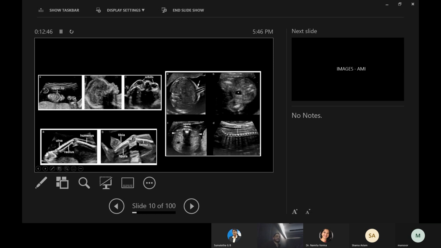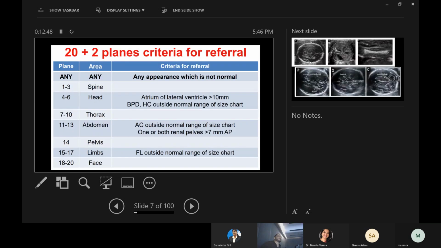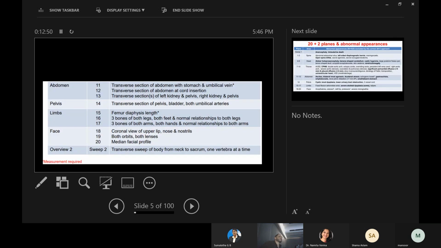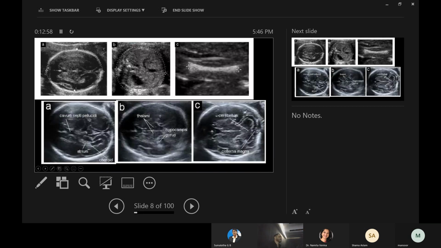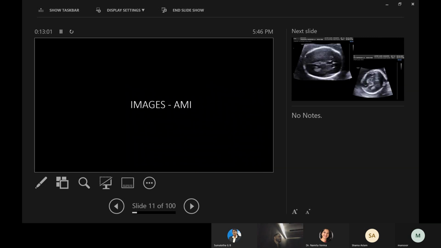So let us check whether in the guidelines they have mentioned this. This is their own guidelines in the pelvis: pelvis, bladder, both umbilical arteries. So this is not given in the guidelines, but they are given here. In the images which I have acquired, I am routinely acquiring the bladder with the umbilical arteries.